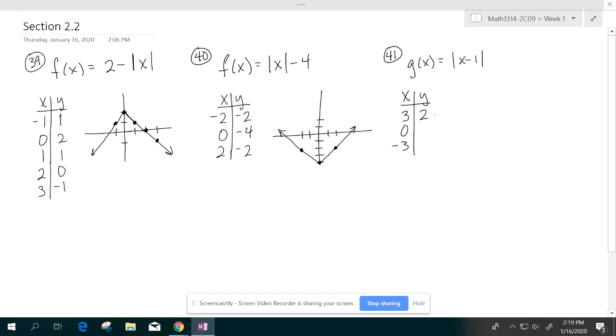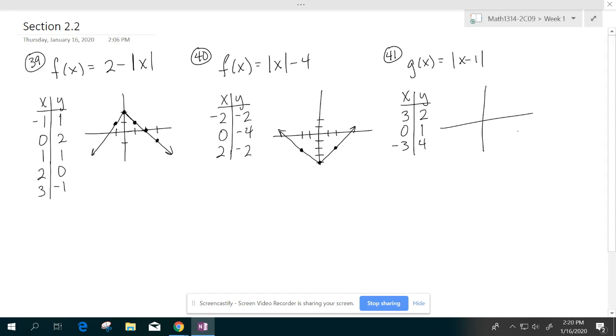Y'all follow me? 3 minus 1 is 2. Absolute value of 2 is 2. What about 0 minus 1? And then make it positive. Negative 3 minus 1. And then make it 4.